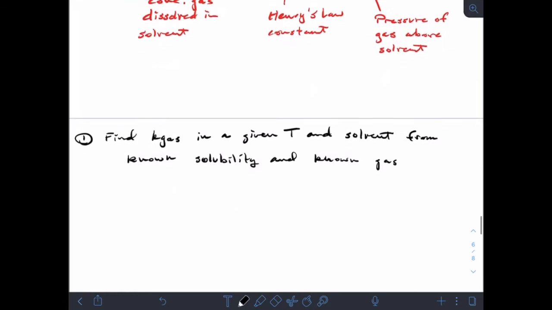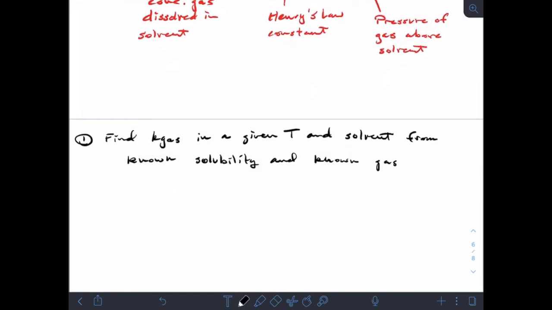Okay, so rearranging Henry's law, we can solve for K gas equals C gas over P gas. Okay, and this is for known parameters.